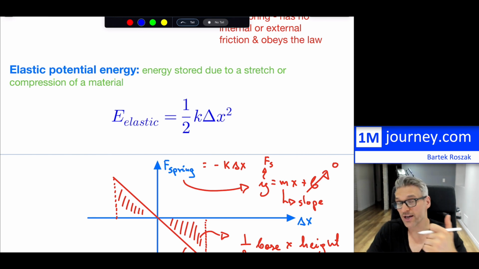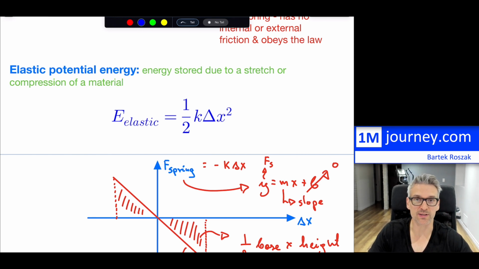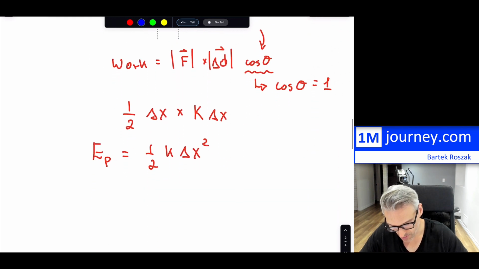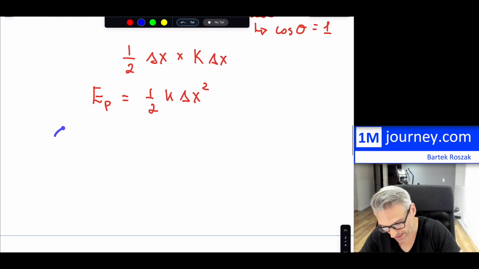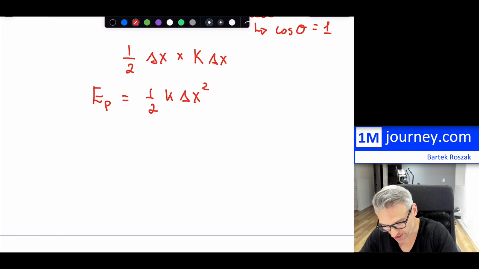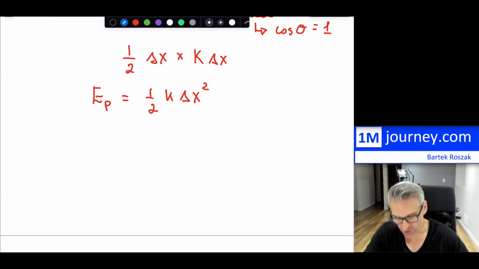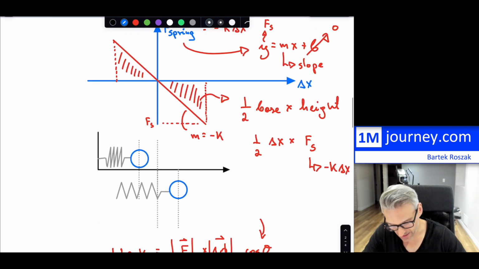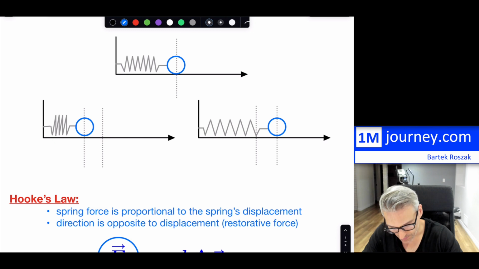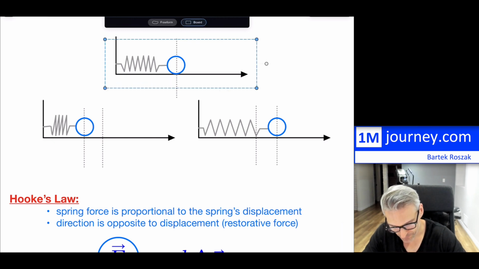And now the final item: what about simple harmonic motion? What exactly is simple harmonic motion, and how does it relate back to the elastic potential energy we just mentioned? So once again, I'm going to take this spring and copy it.